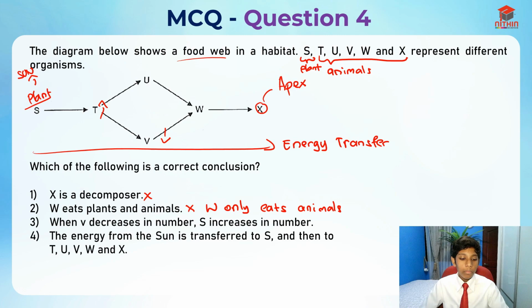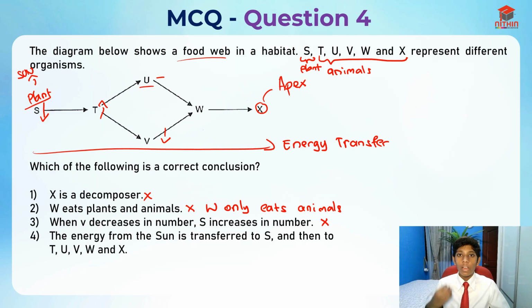Let's say U remains the same and V decreases in number, that means T will increase in population because there are not as many animals eating T. Thus when T increases in population, there's more T that eats the plant S, meaning that S actually decreases in population size. So option number 3 is actually wrong.